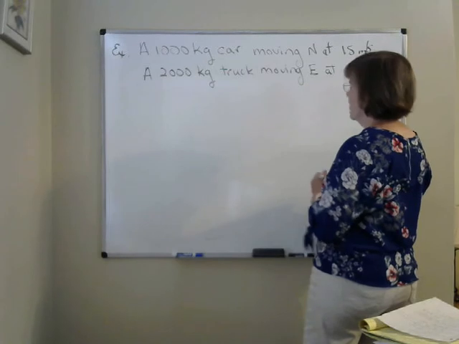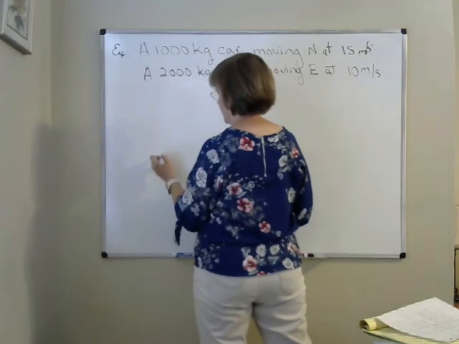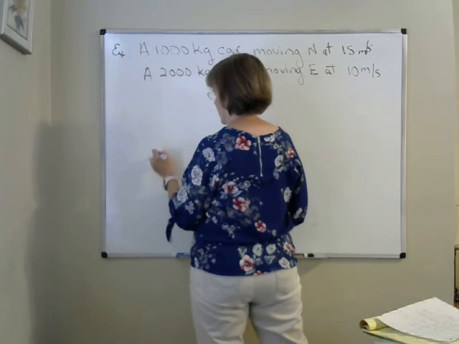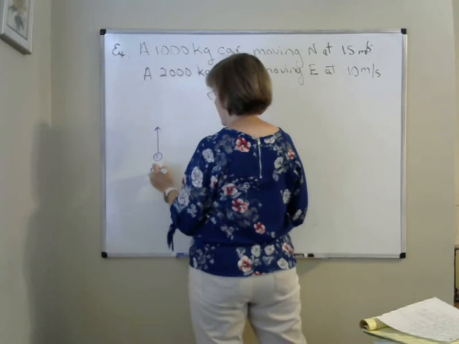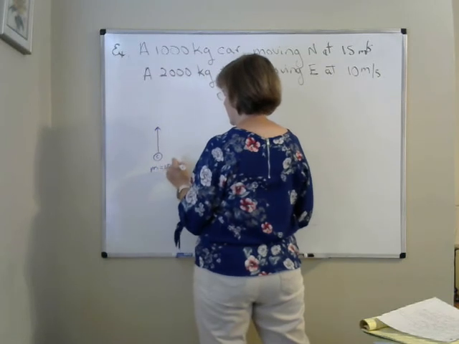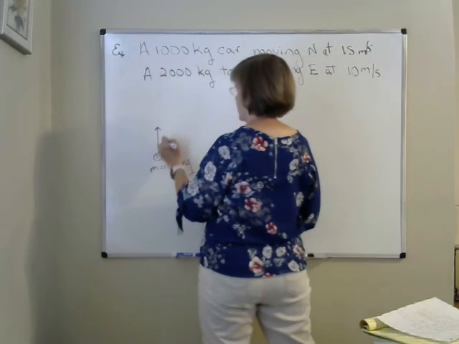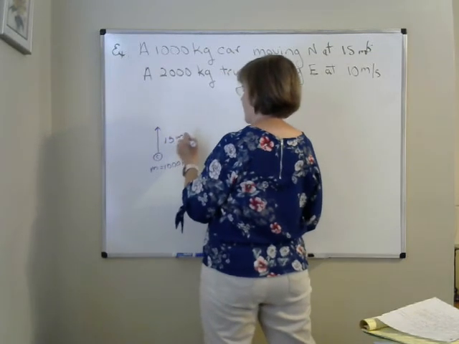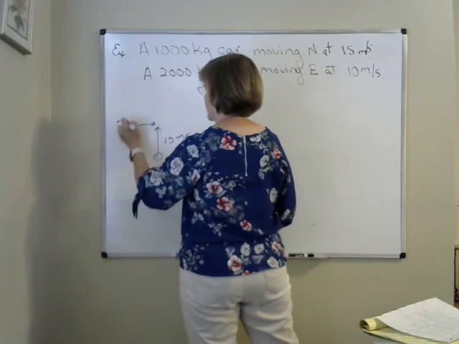Sometimes it helps to draw a picture. So we have the car moving north. And of course, its mass was 1,000 kilograms, and its speed was 15 meters per second. And we have this truck, a little bigger.